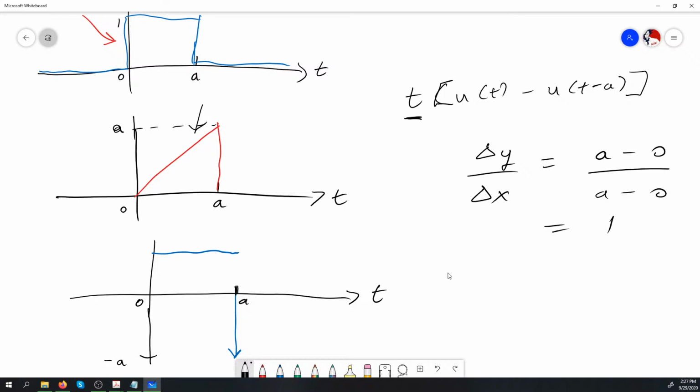But if we had a value of 3, delta y divided by delta x is equal to 3a divided by a, and the a will cancel to give us a value of 3. As such, we only need to map this as 3a on the y-axis, to map this accordingly with respect to the gradient.